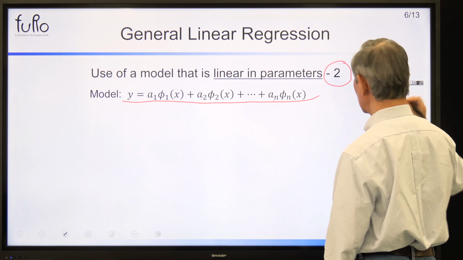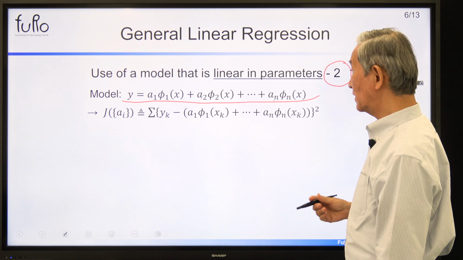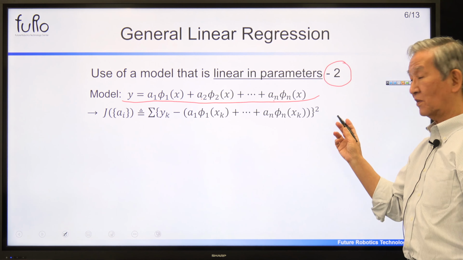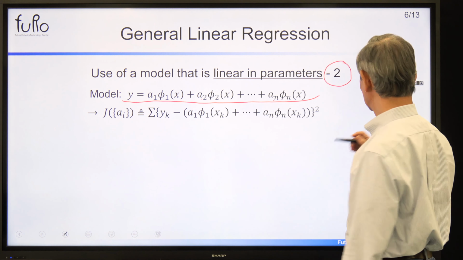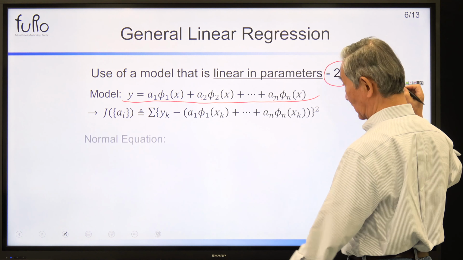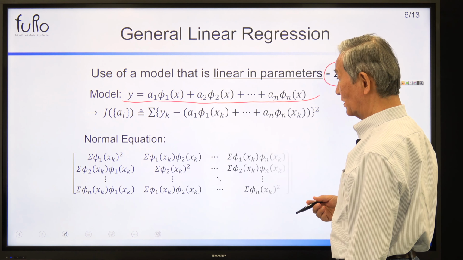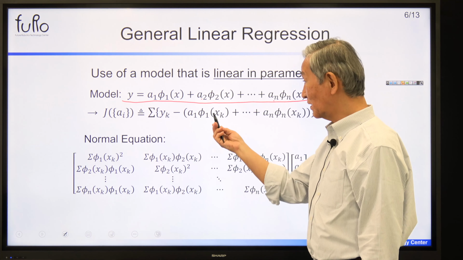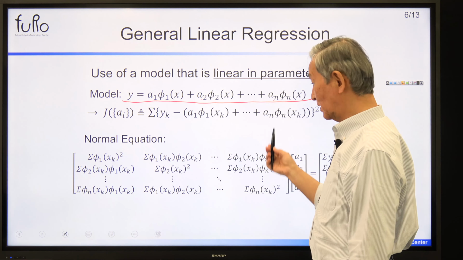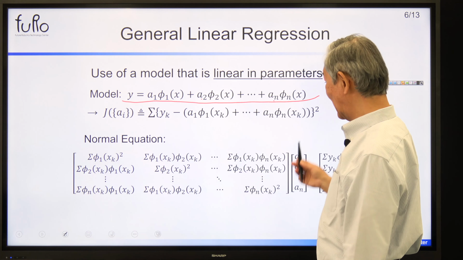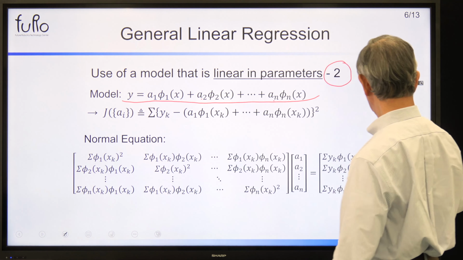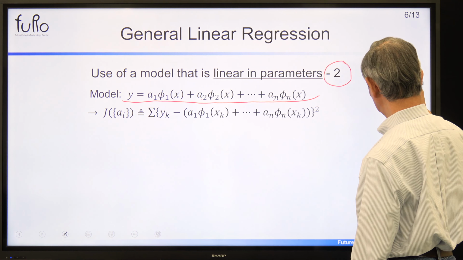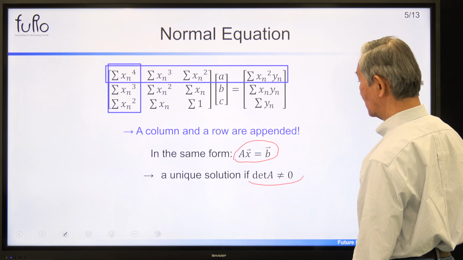Okay, so J is defined to be this one here. Once again, nothing new here. So the normal equation is going to be from this one here. Remember that we had x squared, x, and 1. Let me go back to that equation one more time. Yeah, this one here.